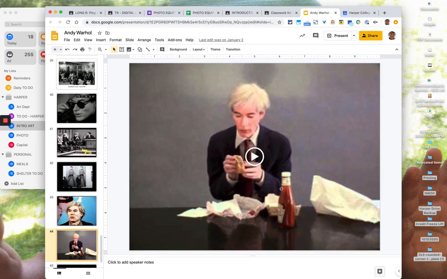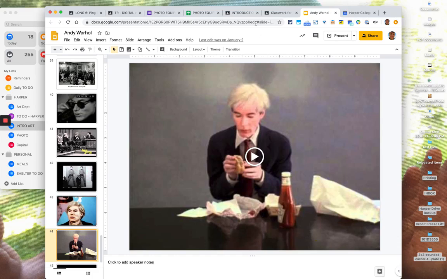The Heinz ketchup bottle, the mass-produced fast food, that kind of idea. He's again critiquing and seeing the surface level as opposed to the depth of understanding we're coming to in relationship to our things and our objects.